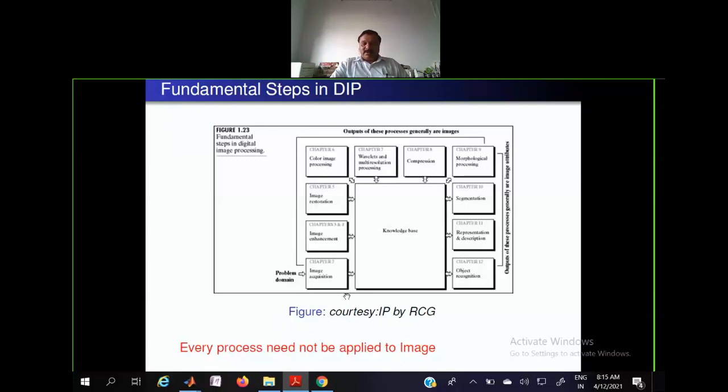If I want to take an X-ray and do some image processing, this should be an X-ray imaging technique. So what I want to convey is that, depending on the problem domain, you decide the type of camera, the resolution, and maybe some pre-processing steps to bring the data to a standard requirement. This is one block, one of the steps, in an image processing system.